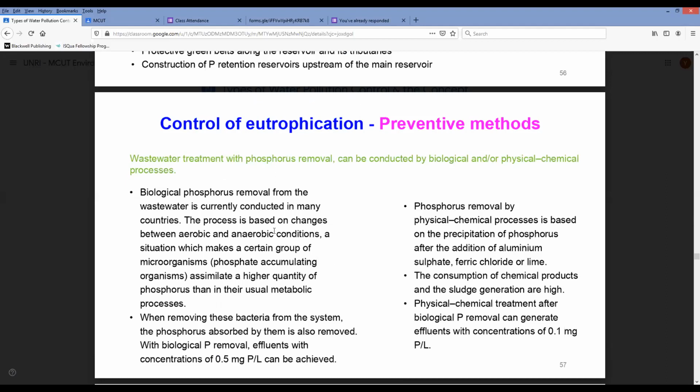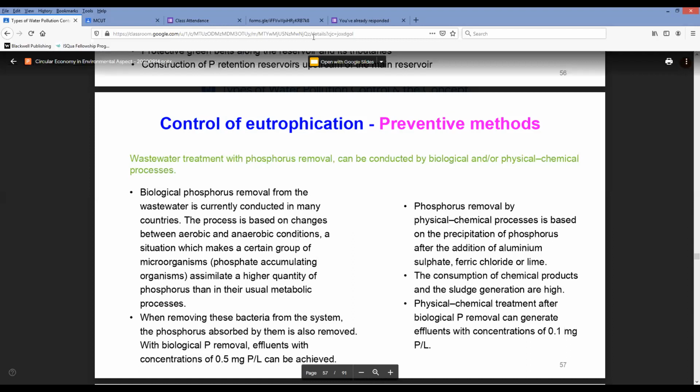The process is based on the changes between anaerobic and aerobic conditions, a situation which makes certain groups of microorganisms assimilate a higher quantity of phosphorus than in their usual metabolic system.